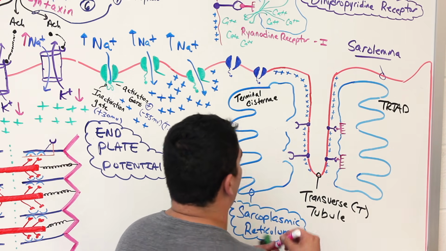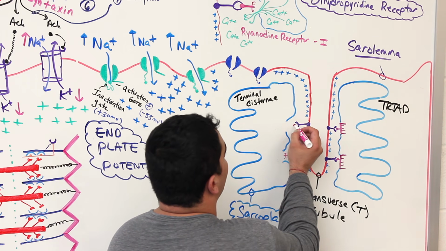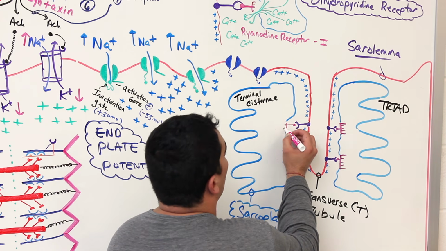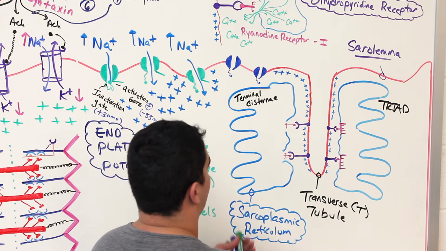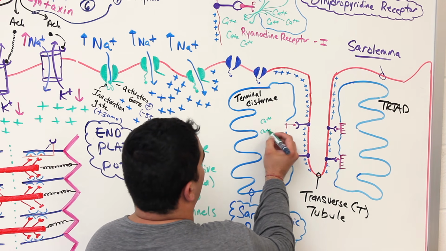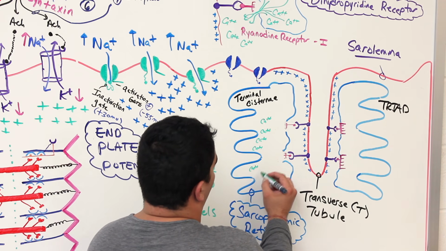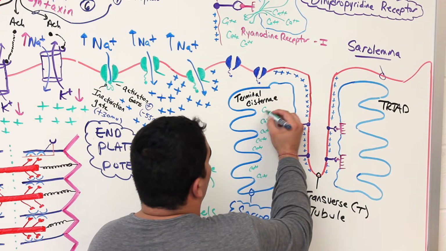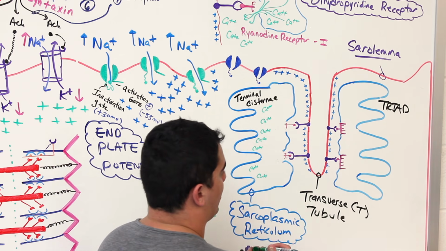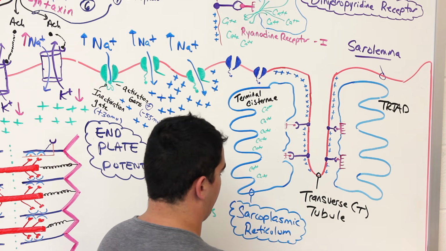It pulls on the ryanodine receptor. When it pulls on the ryanodine receptor, it creates a little pore that allows for what ions to start flowing out again? What's really, really rich in this area? Calcium. How do we keep calcium concentrated in this area? I told you one of them was due to a protein called calsequestrin. Another one is we have special pumps that we'll talk about afterwards that are also contributing to this.